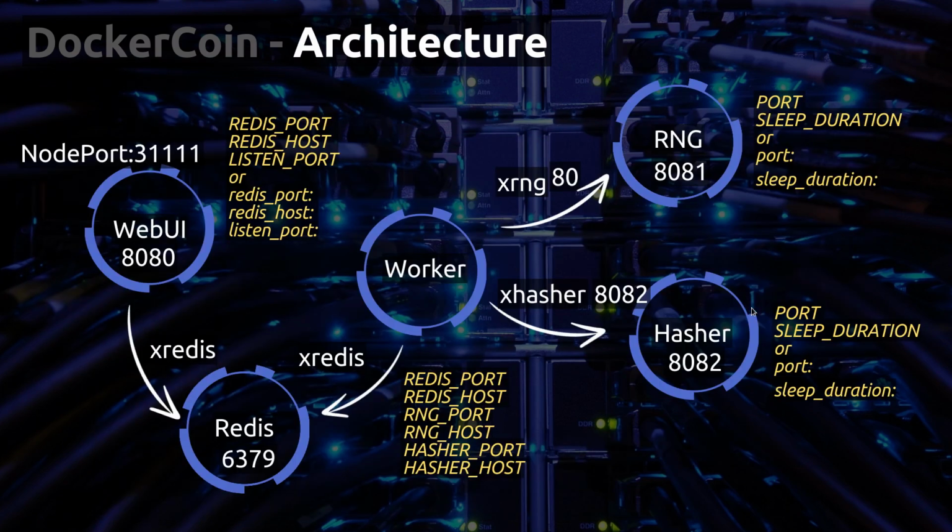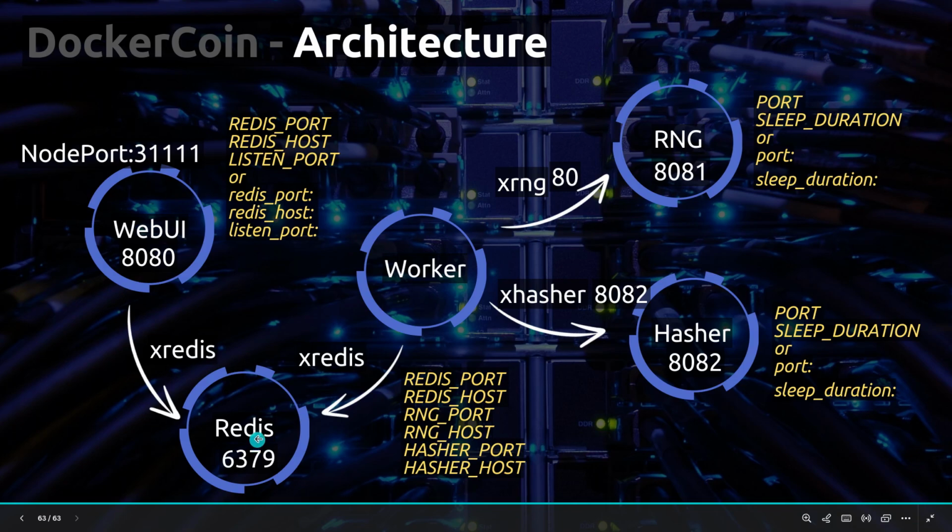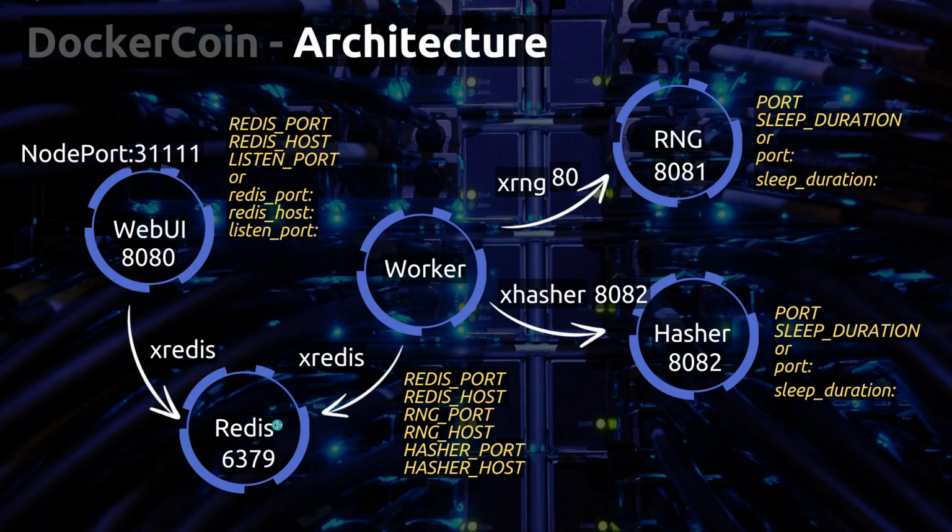Remember, you can find each component, the web UI of course, and the web UI can just query the Redis instance, and we have the RNG component. This RNG is the random number generator, and of course it's a Flask application, and we have a worker. The worker first queries the RNG.